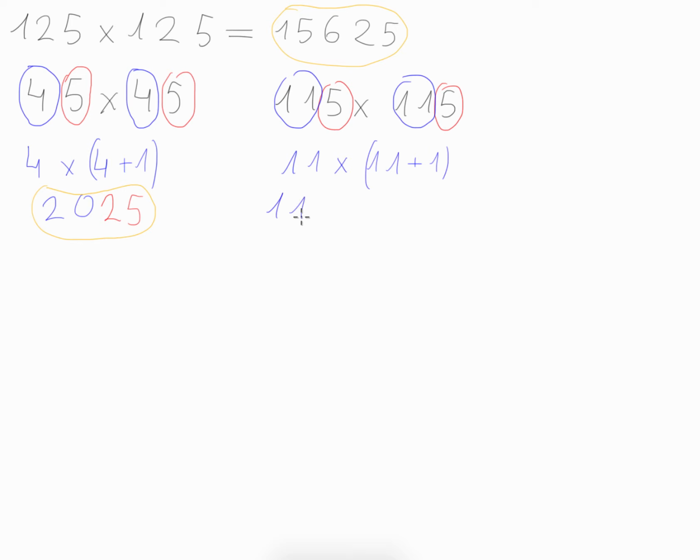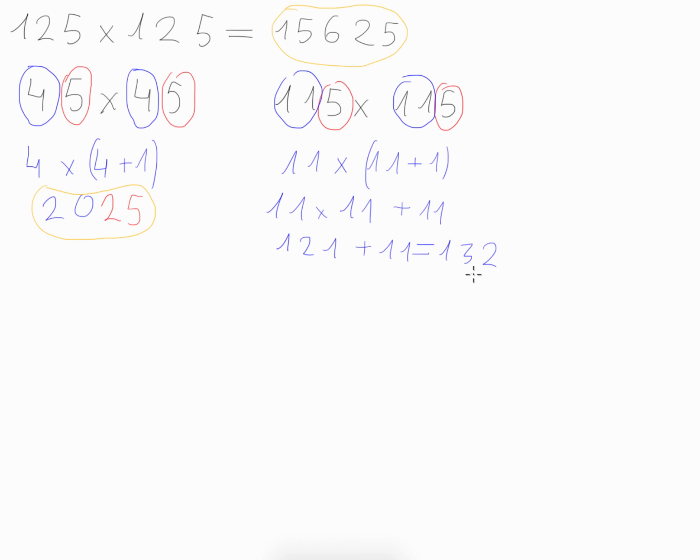Okay, let's continue. After simplifying this expression, we get 11 times 11 plus 11. So this is as hard as it gets in this video. You will have to know how to calculate 11 times 11. Hopefully you know it's 121, plus 11, you get 132.